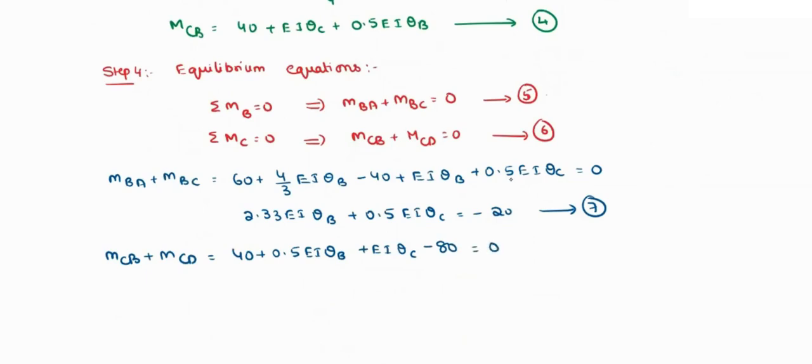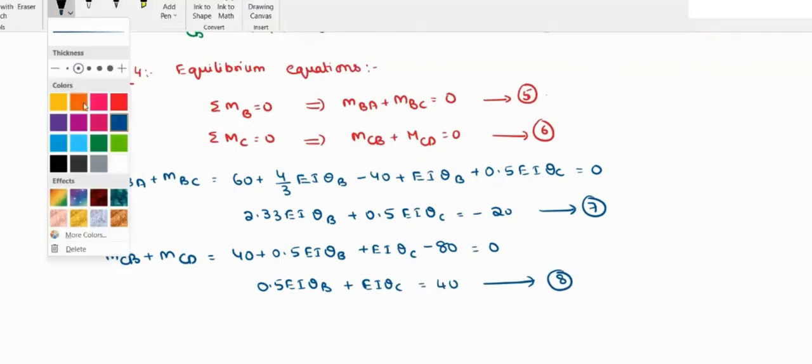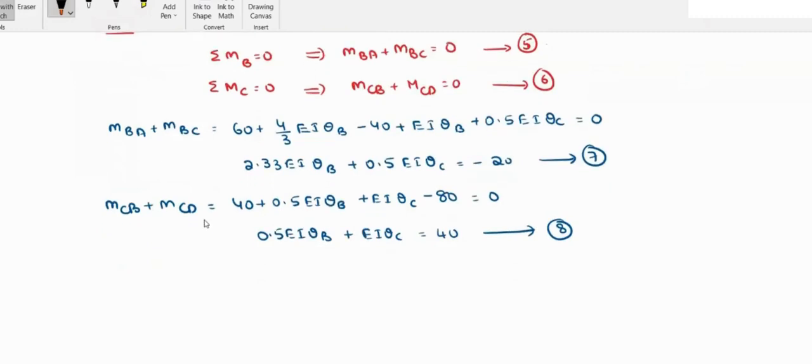By simplifying this equation, you are going to have 0.5 EI into theta B plus EI into theta C will be equal to 40. So this is the 8th equation. By solving these two equations, 7 and 8, you are going to get theta B and theta C.